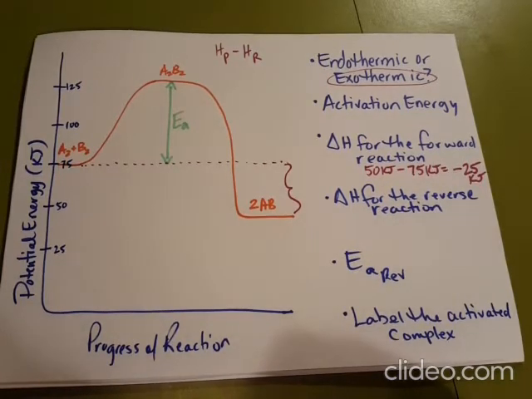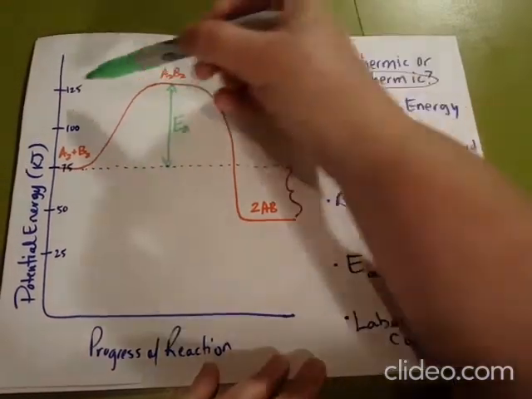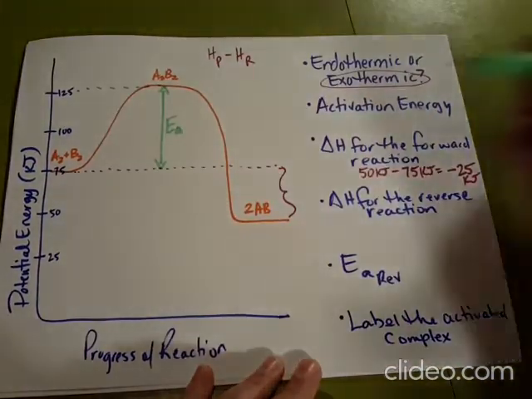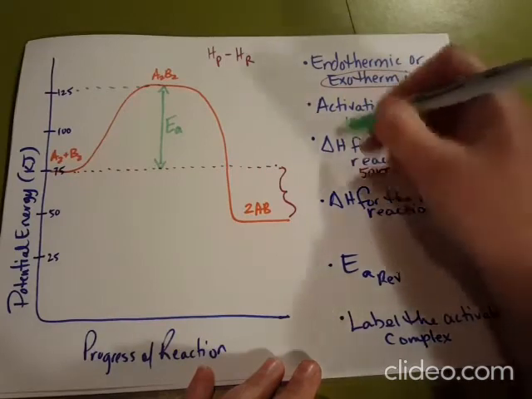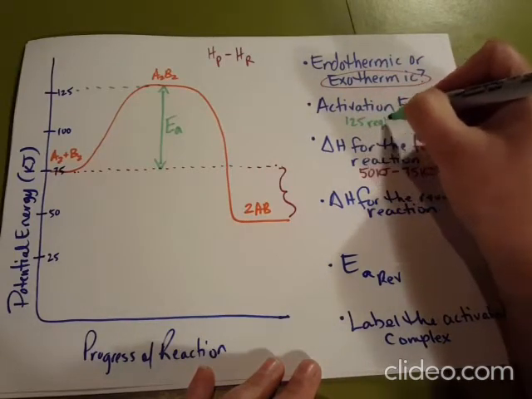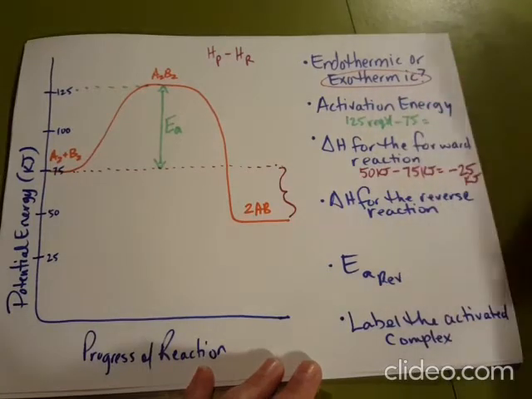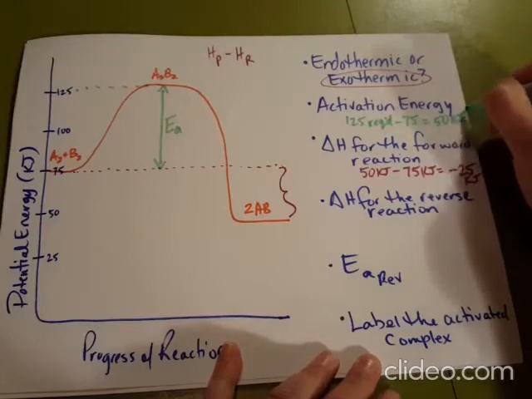In terms of activation energy, we can see that we start at 75. We need to get up to 125. So here, we can do 125 as required minus the 75 that we already are at. So 50 kilojoules needed.